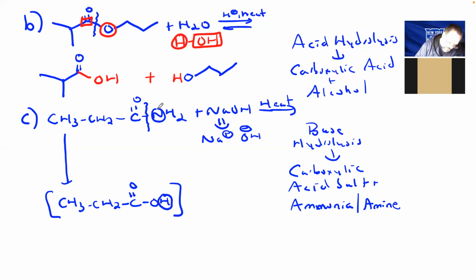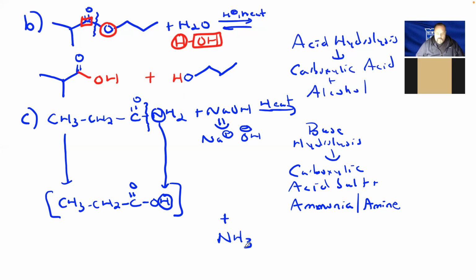In this reaction, that hydrogen is going to be picked up by the nitrogen. So in this example, the nitrogen product, the NH2, becomes NH3. And what compound is that? That, of course, is ammonia. So our primary amide has led to ammonia as the nitrogen product.